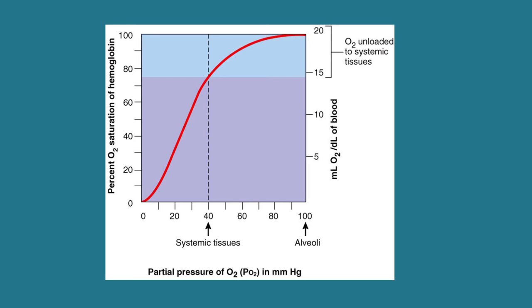Here, the line on the saturation curves corresponds to about 75%. So we can safely say that the hemoglobin is 75% saturated. This means 3 out of 4 of the positions in hemoglobin are occupied with oxygen, so the hemoglobin is holding on to 3 of the oxygens.